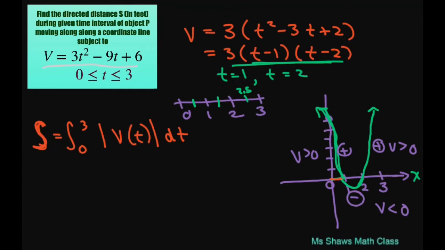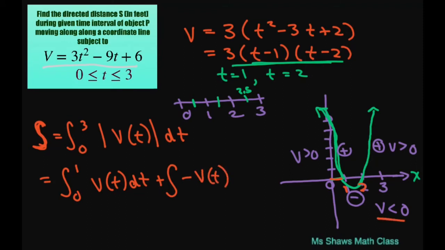So this equals the integral from 0 to 1 of v of t dt, and then plus the integral from 1 to 2. That's going to be negative v of t, because it's negative there, dt.